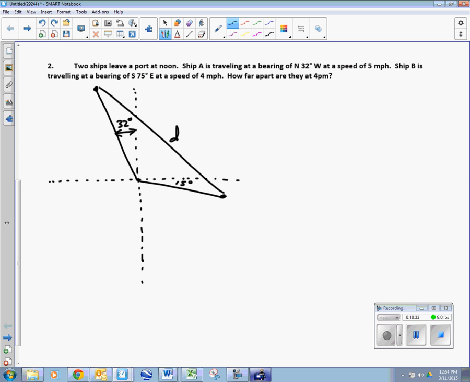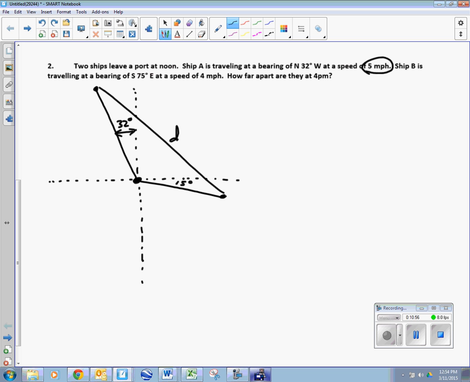Let's see. They leave the port, so they leave this spot and they travel. So if they're traveling at 5 miles an hour, how many hours have they been traveling for? They left at noon. What's the current time? 4.